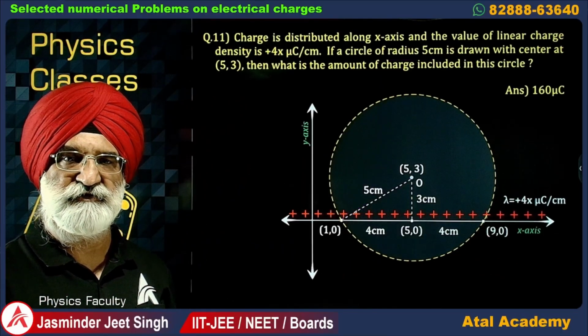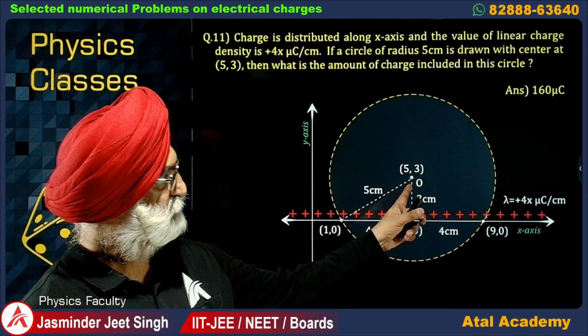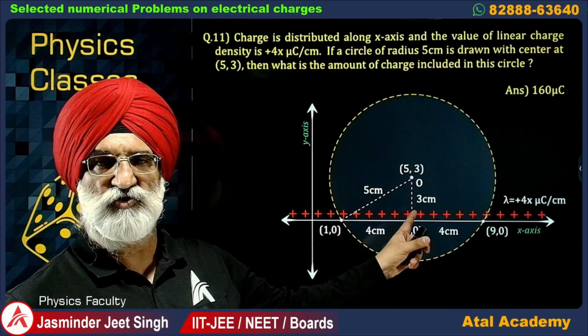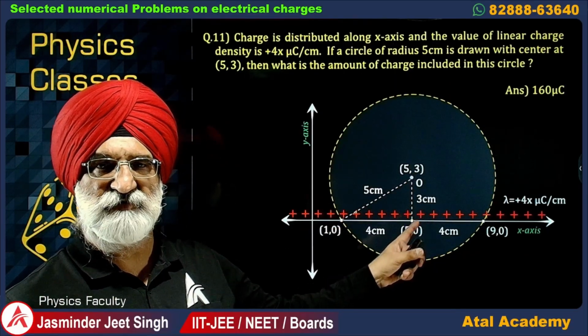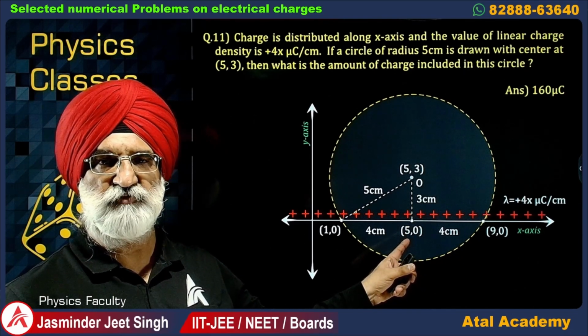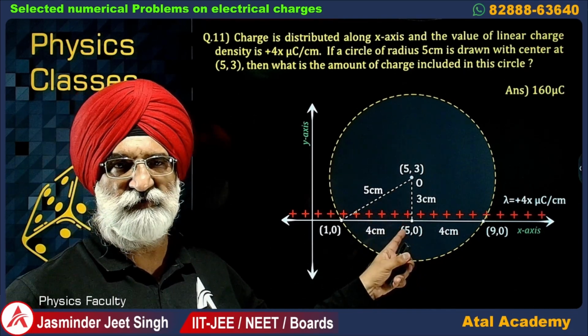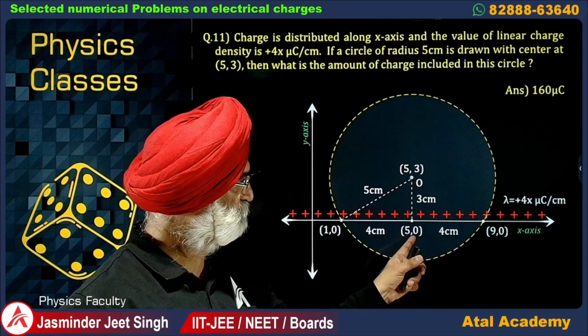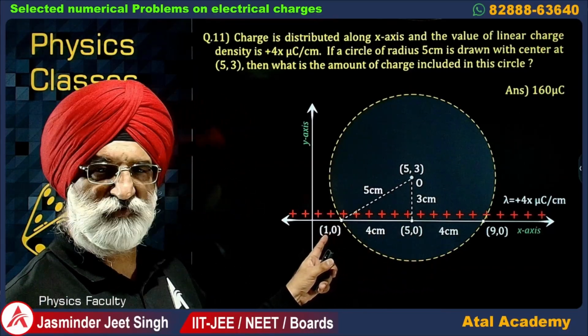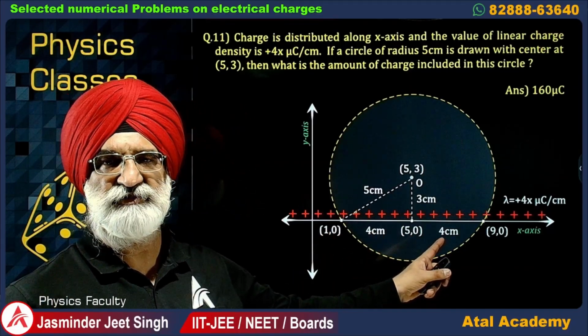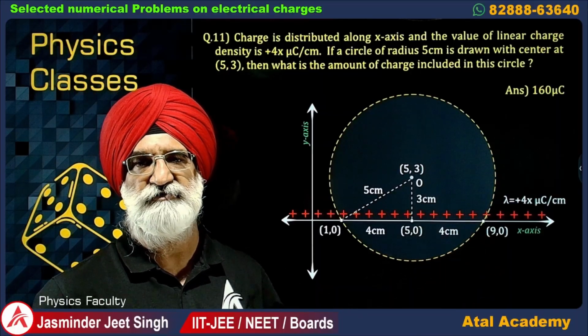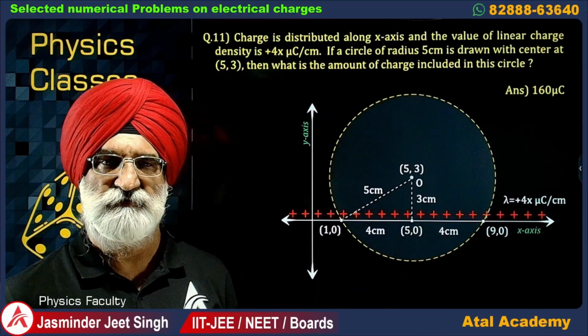Now we can redraw this whole thing in this way. This is the point O. The length of the perpendicular is 3 centimeters. The coordinates of the point where the perpendicular will fall on x-axis will be (5,0). 4 centimeters away, the coordinates will be (1,0), and again 4 centimeters, the coordinates of the other point will be (9,0).